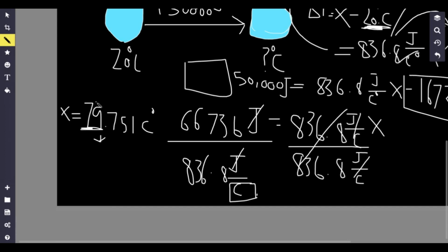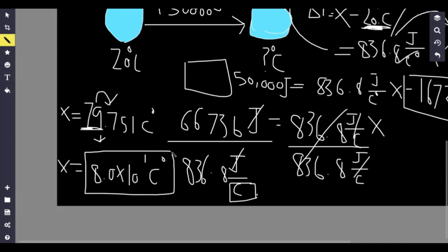We're focusing on these 2 units, and we take a look at the next one. And we're going to get X equals 8.0 times 10 to the first power Celsius, or 80 degrees Celsius, but because of sigdigs, we write it like this.